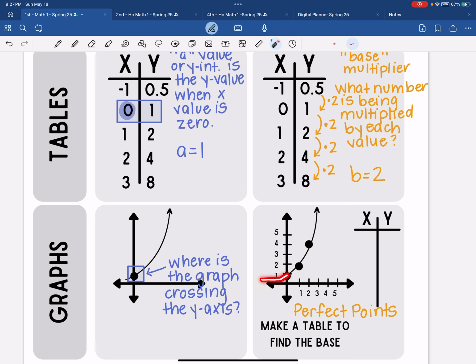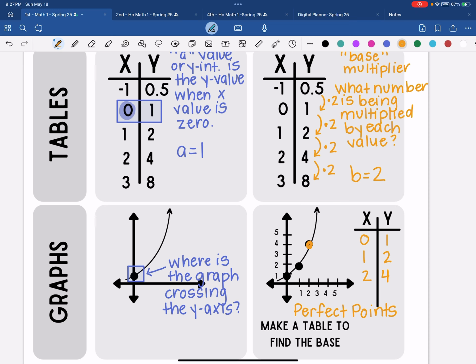From the left side, the first perfect point I come to is 0 and 1. Then, as I keep going to the right, the next perfect point in consecutive order is 1, 2. And finally, my next one is 2 and 4. So you can see that they are in order, 0 to 1, 1 to 2, going up from least to greatest.